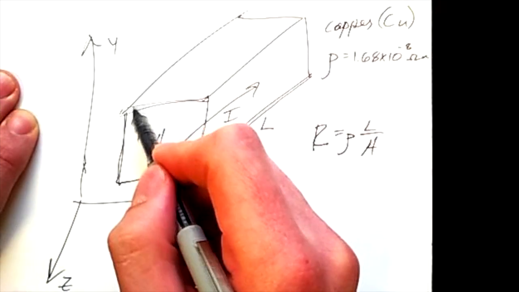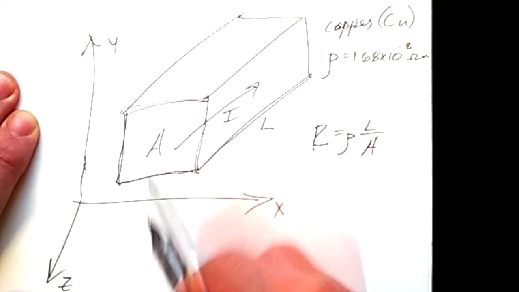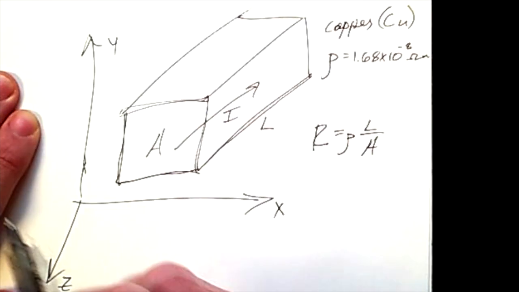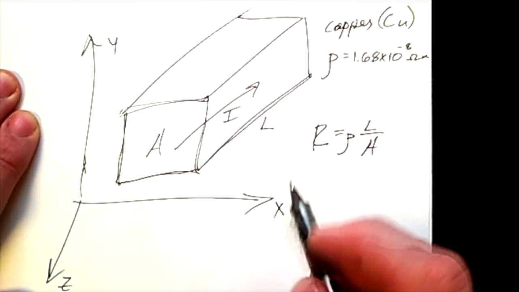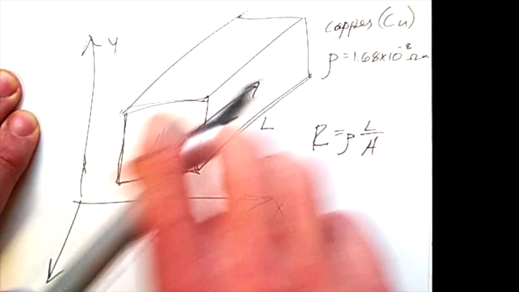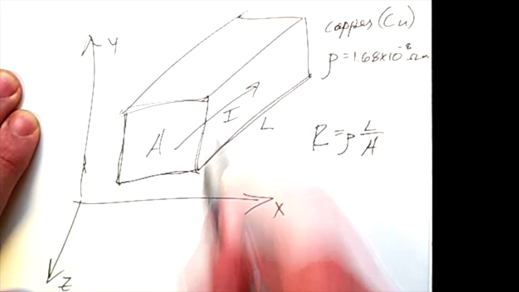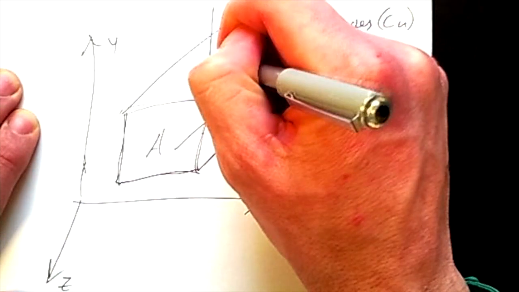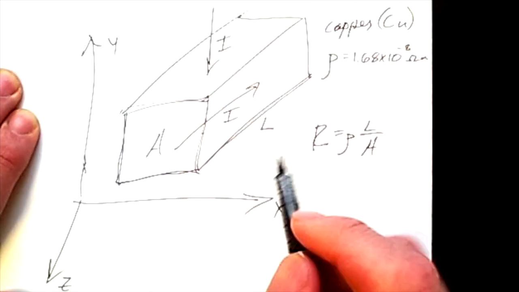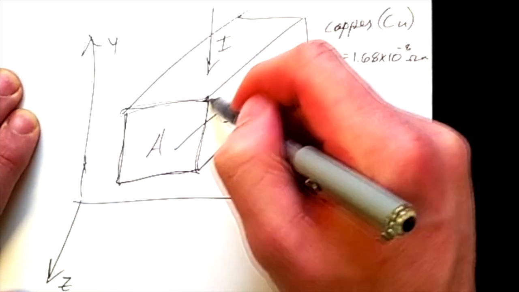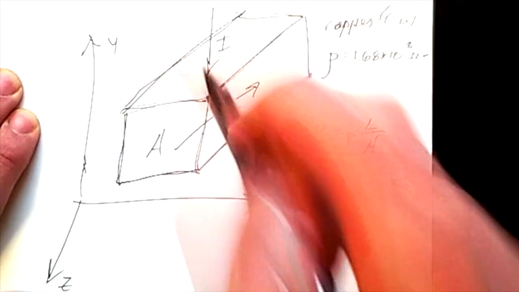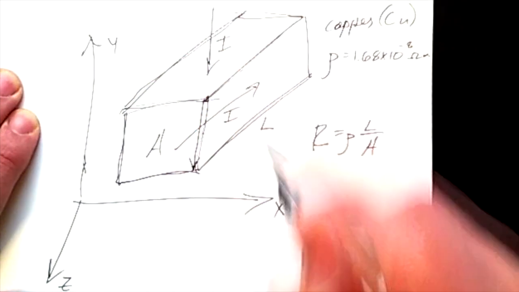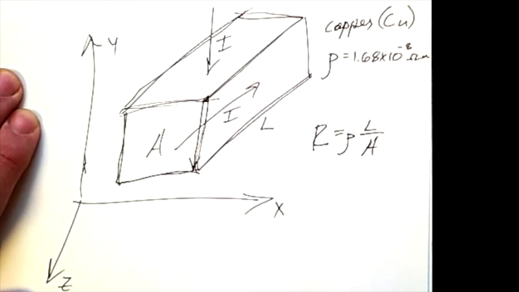Now, obviously, this is a relatively small cross-sectional area in comparison to the dimensions that I've drawn here, and this length is one of the longer lengths. So we would expect that in the z direction, this current would be considerably smaller than, say, a current running straight down through the top face, where this becomes A, and then the length would be the height of the system along the y plane.